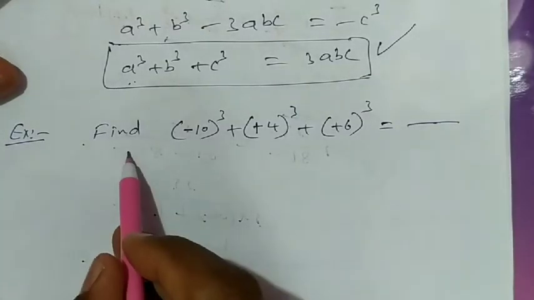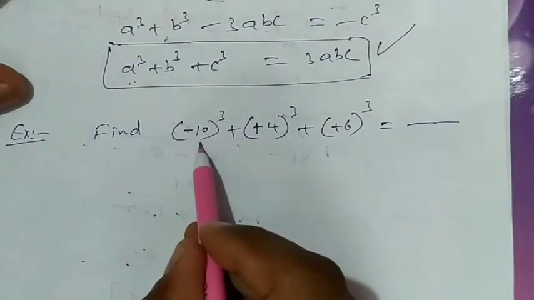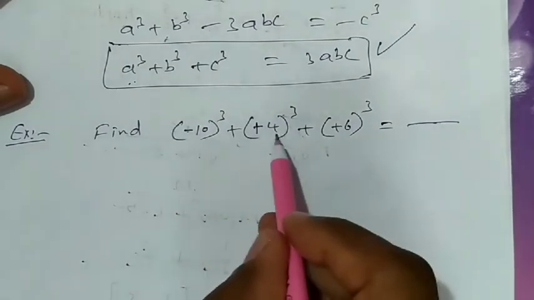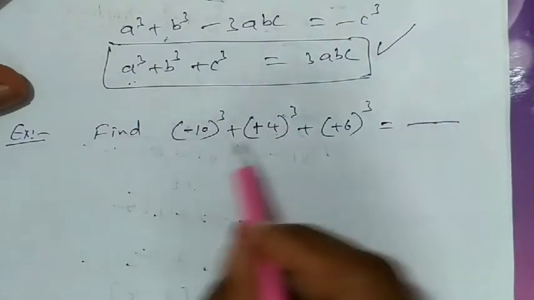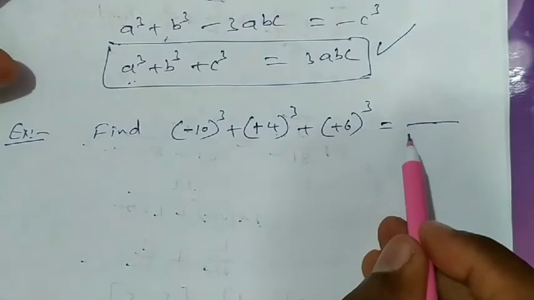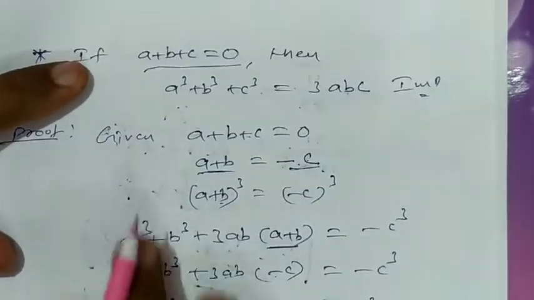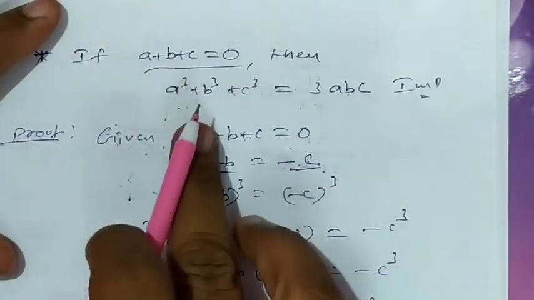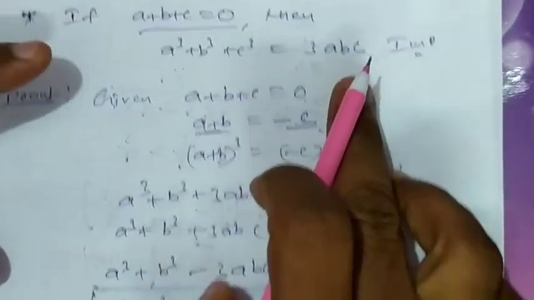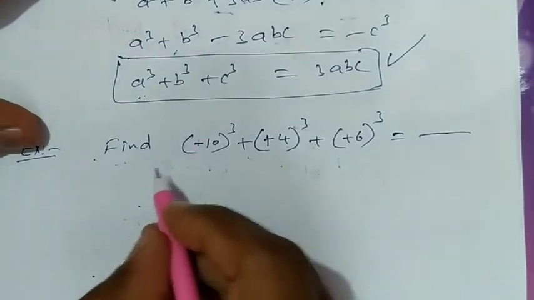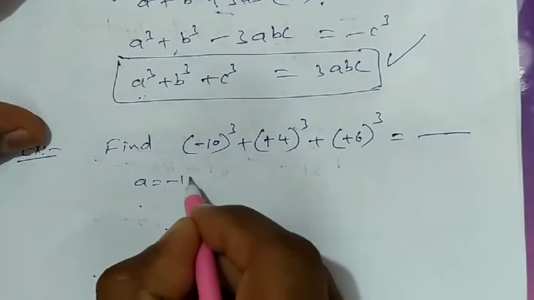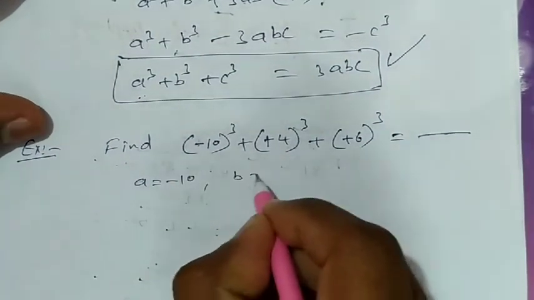Yes, one example. Find (minus 10) cube plus 4 cube plus 6 cube. So what is its value? Without doing multiplication, by using this formula: if a plus b plus c equal to 0, then a cube plus b cube plus c cube equal to 3abc. Here what is a? a is equal to minus 10. And what is b? 4.